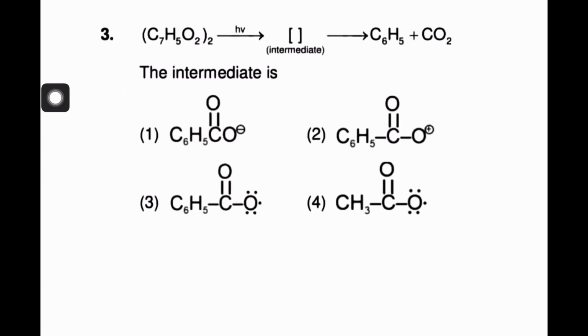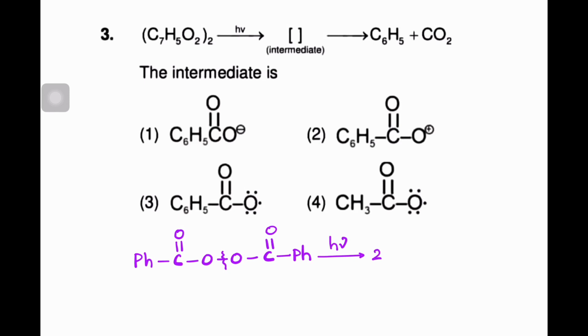First let me draw the structure of benzoyl peroxide, that is PhCOO-OCOPh. With a photon there will be homolytic bond cleavage, so it will form two equivalents of this PhCOO intermediate.